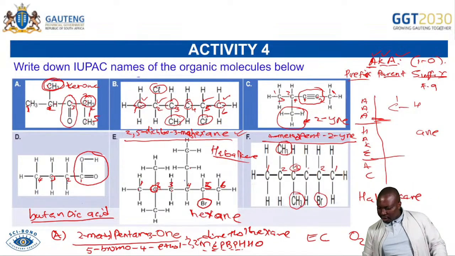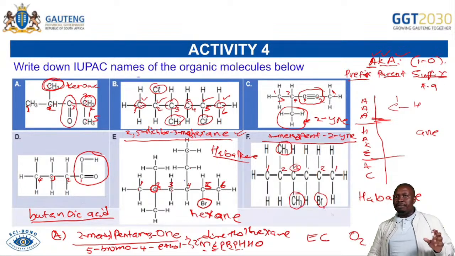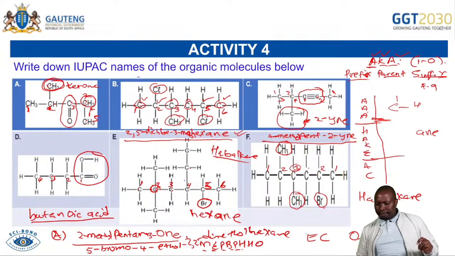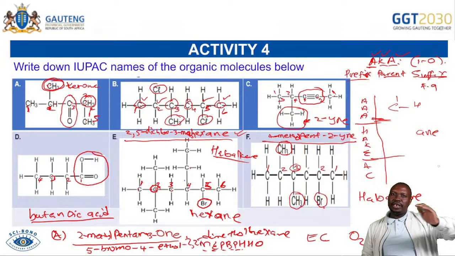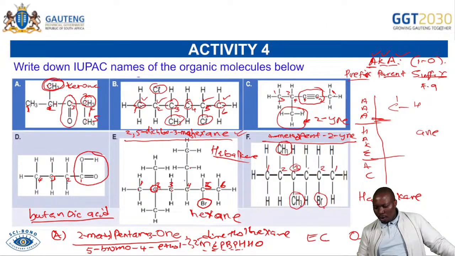So bromo is not preferred over methyl. That's the message I'm sending to you. We are looking at the side that is most substituted. Then we'll say 1, 2, 3, 4, 5, 6. The name already, we said, is ane. The longest carbon chain is 6, so it's hex, so it's hexane.